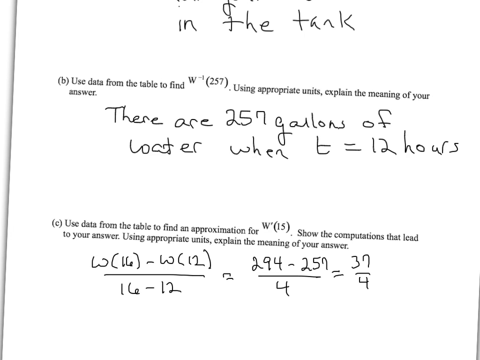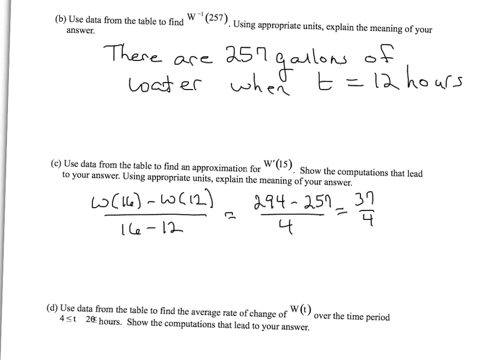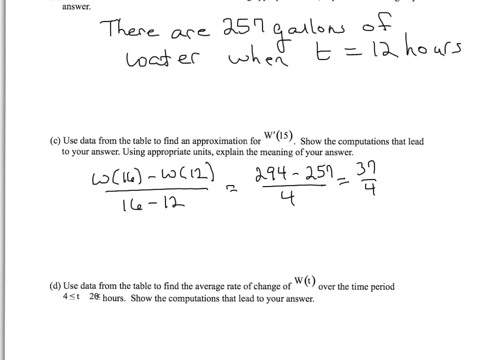What is W prime of 15? It's a rate of change. What's changing? The water. So it's asking us to explain the meaning of our answer. If this was like a 3-point thing, you'd get a point for this and a point for the correct answer. Gallons per.